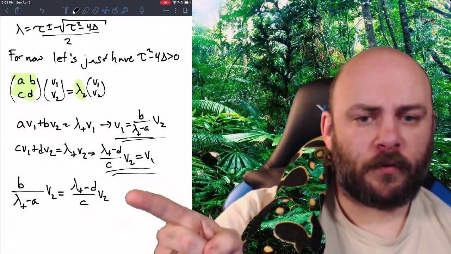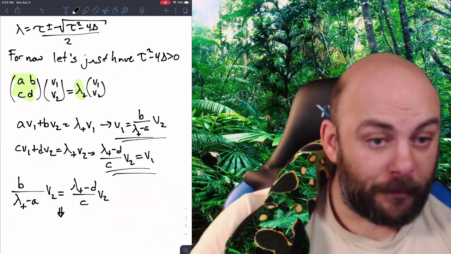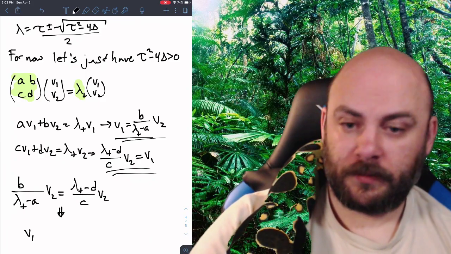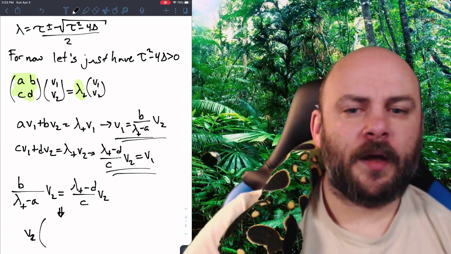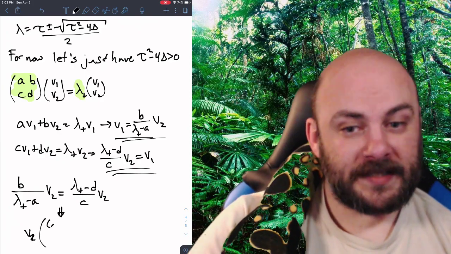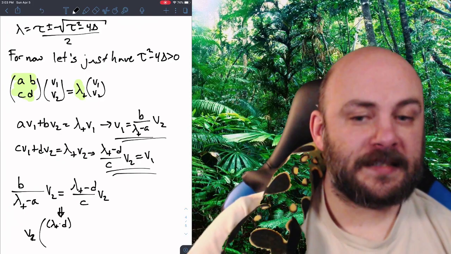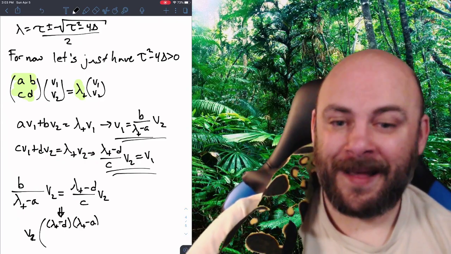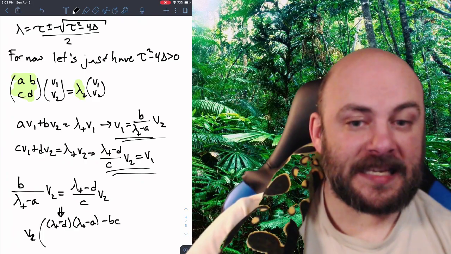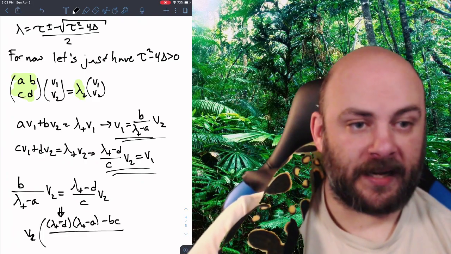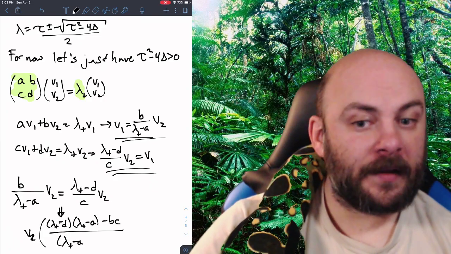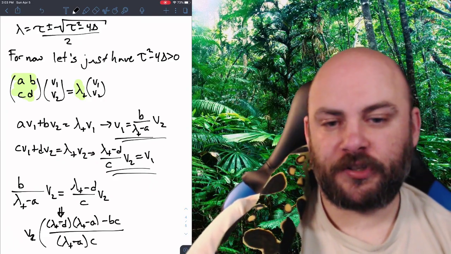Move this term over to the left-hand side, and we'll do a little bit of factoring. This means V2 multiplied by the quantity (lambda plus minus D) times (lambda plus minus A) minus BC, all divided by (lambda plus minus A) times C, should be equivalent to 0.